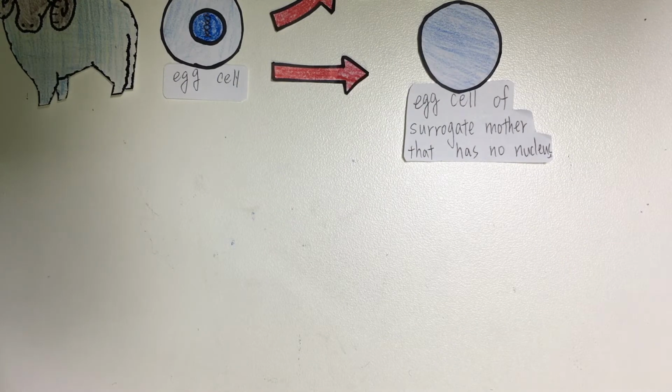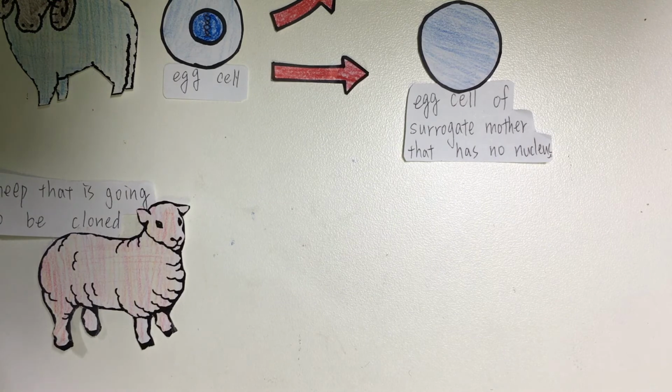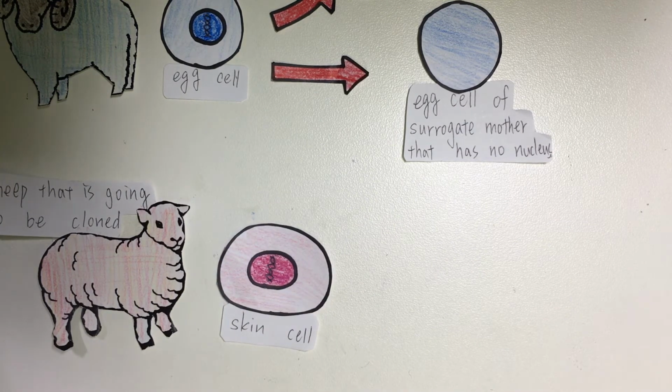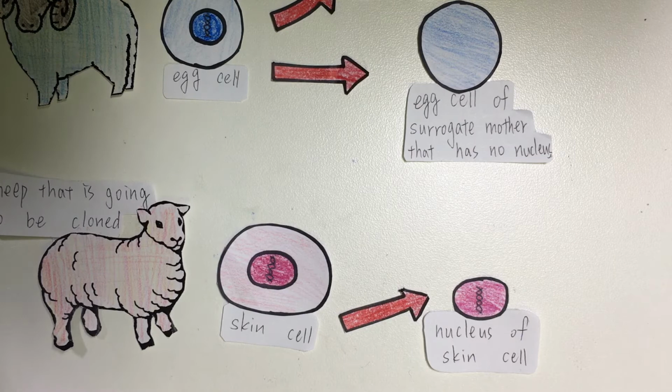There's the sheep that is going to be cloned. We took out the skin cell of it and removed the nucleus of the skin cell. So now we have an egg cell of the surrogate mother sheep and the nucleus of the skin cell.